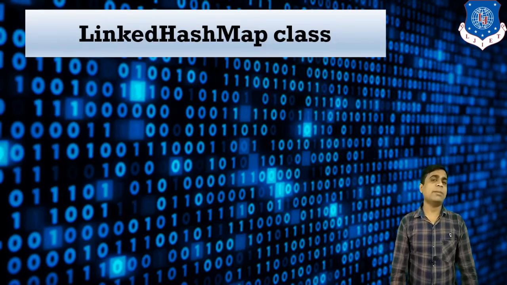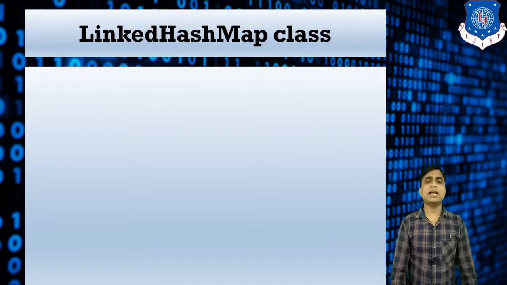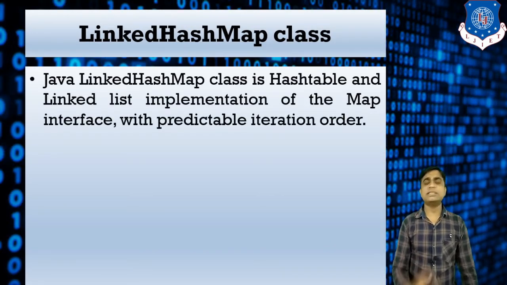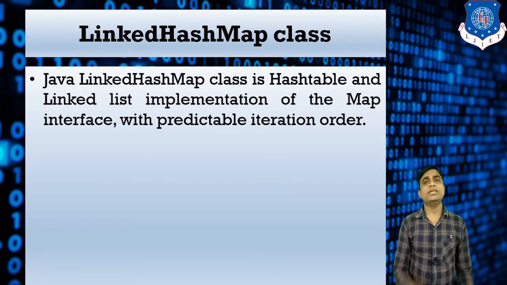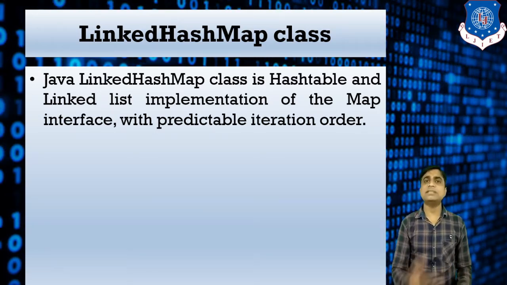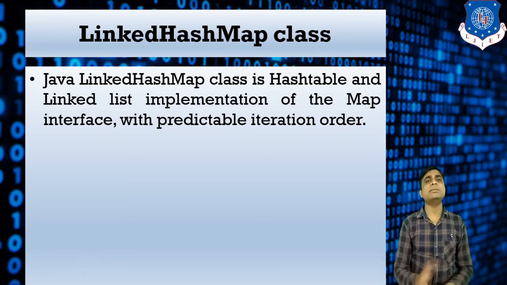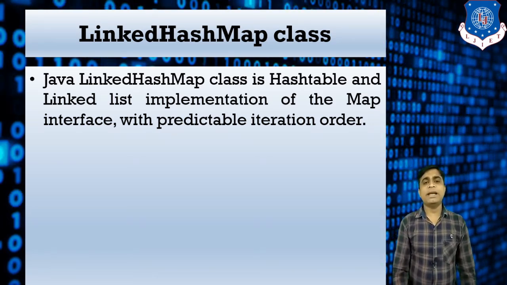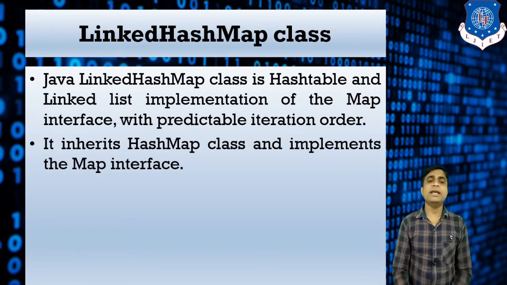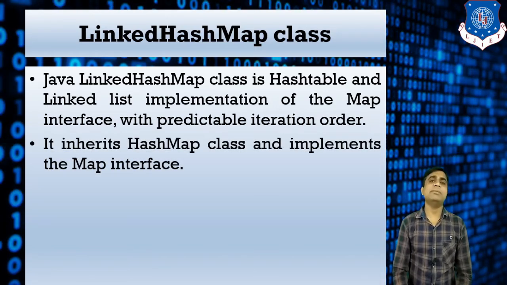Now the next one, the LinkedHashMap class. Again, this class is a hash table and linked list implementation of the map, with a predictable iterator order, but it inherits the HashMap class and implements the map interface.